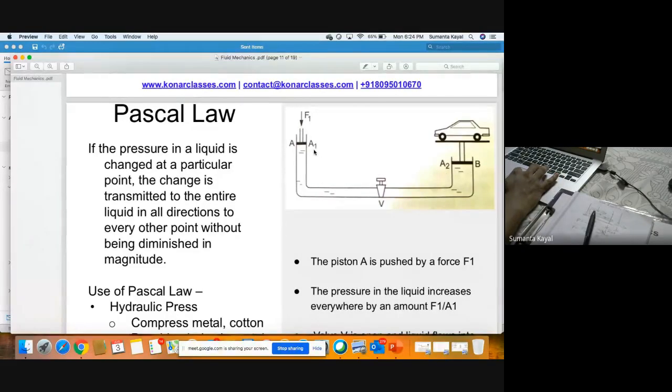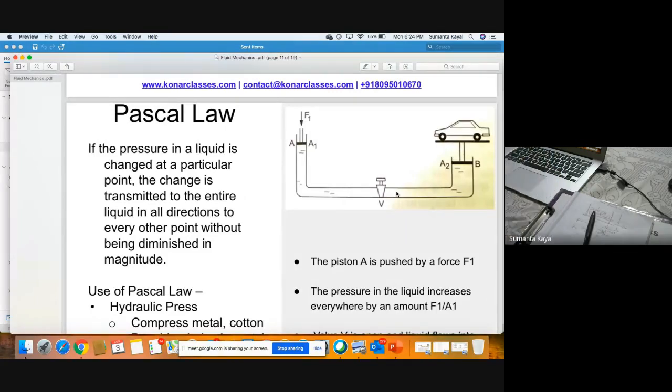Now if you put F1 force here, the pressure will be F1 by A1. This F1 by A1 will come throughout the liquid at every point without losing its value. That is what Pascal said, and that is what has been established.